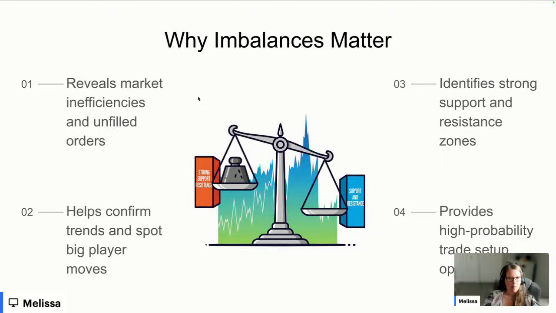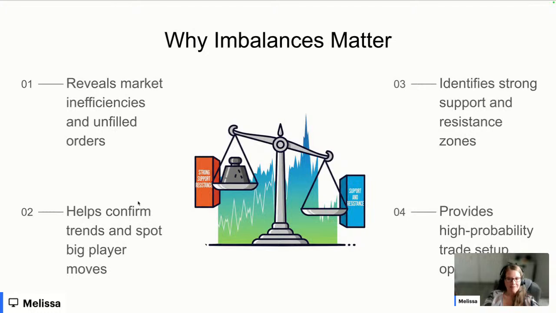Imbalances reveal market inefficiencies. What I mean by inefficiencies is that the market moved so fast at those levels that it left behind unfilled orders. They help confirm trends and spot the big player moves.